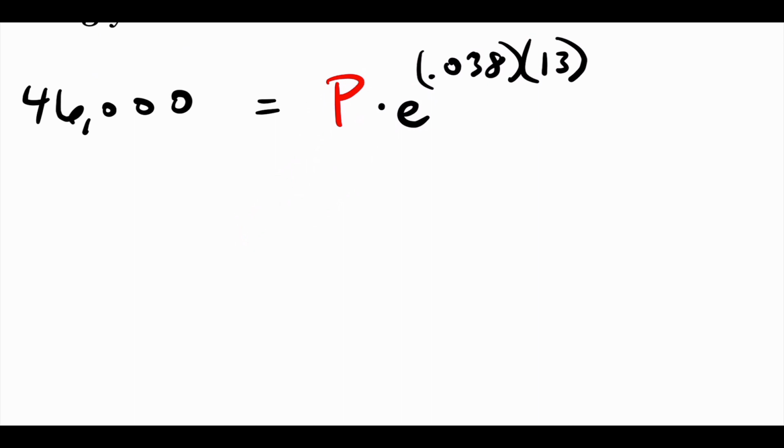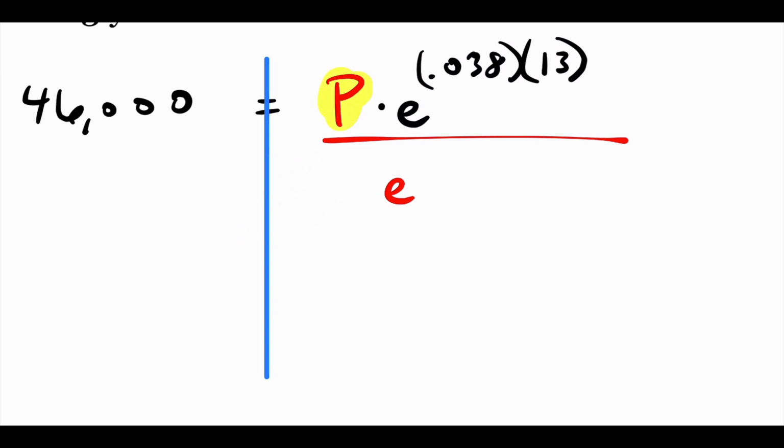So now my question is, how do I solve for P? I want to get P by itself. Nothing other than P on that side of the equation. So what am I going to do? I'll give you a hint. You don't divide by P, divide by everything other than P. We want to keep P there.